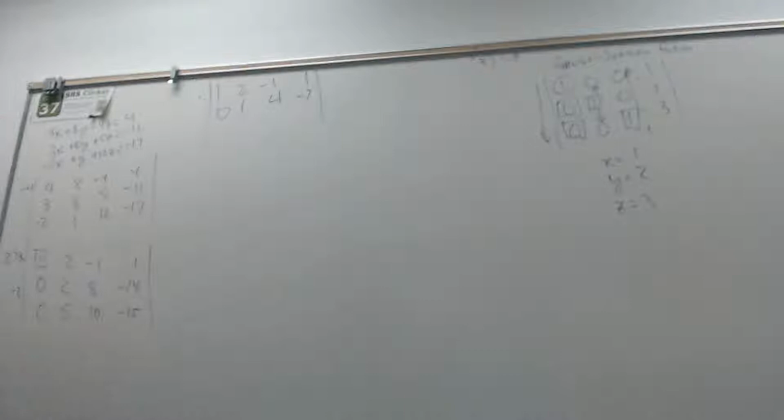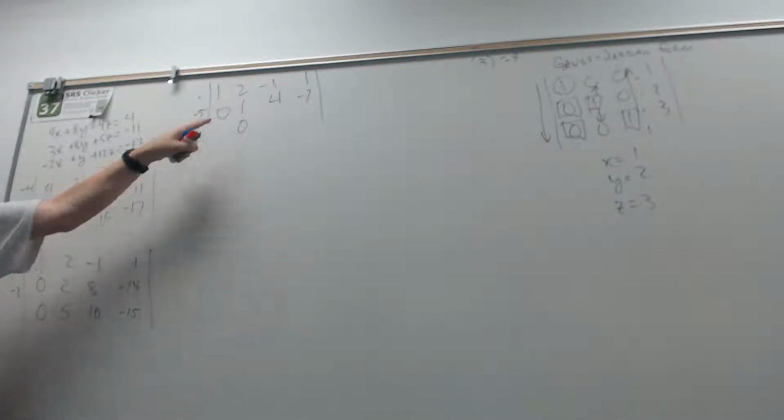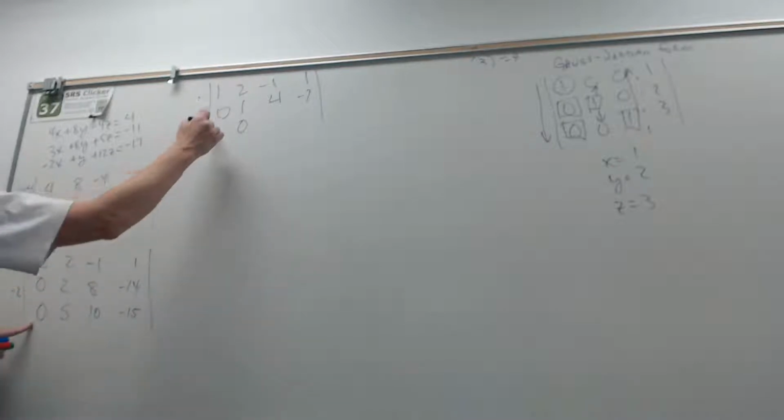Okay? Now, I want to get a 0 here. How do I get a 0 here? I can multiply by -5, right? And add. In this case, -5 times 0 is 0, plus 0 is 0.